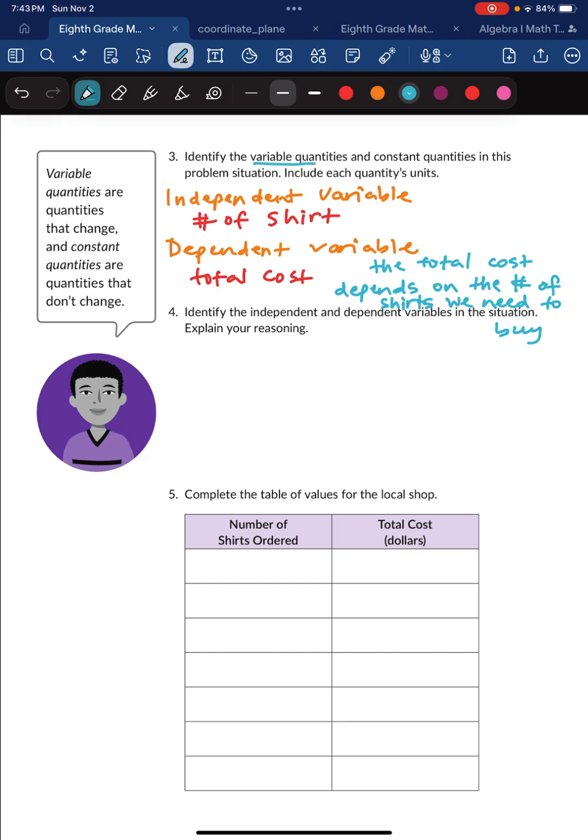Oh, this says the variable quantities and constant quantities. So I kind of maybe mixed this up because now it says independent and dependent variables. But let's see. The constant quantities is we're always going to have a $15 one-time setup fee when we design a new shirt.